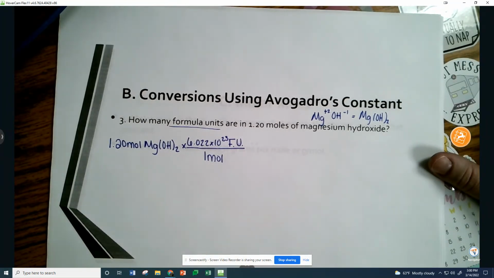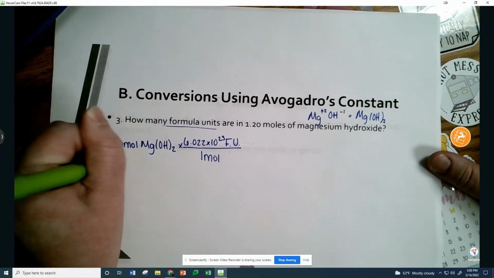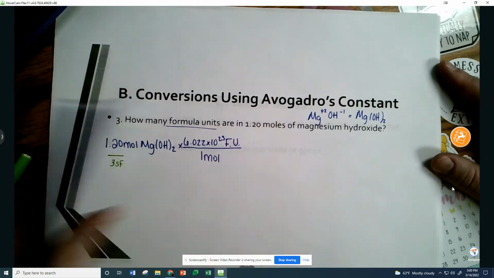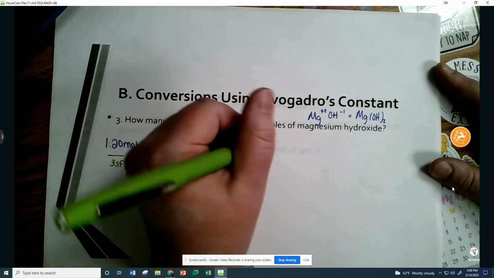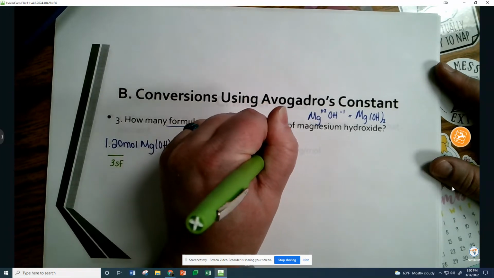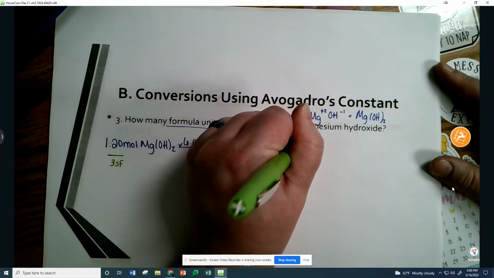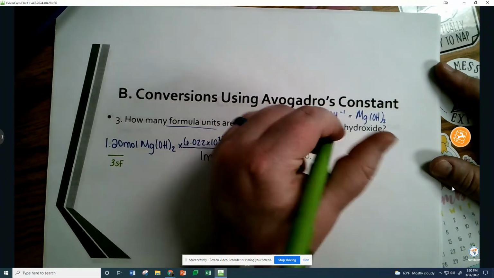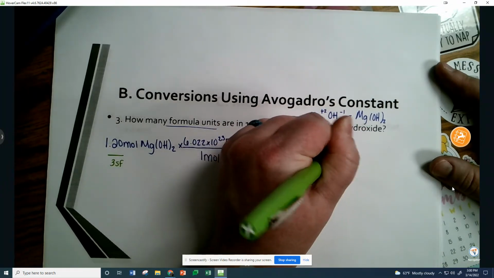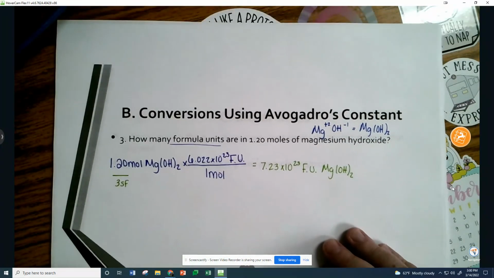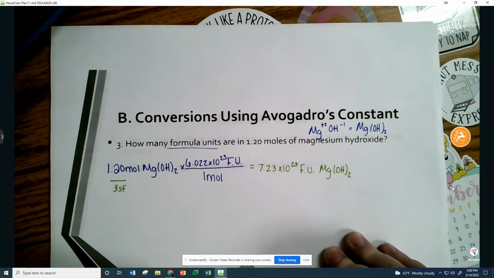When I look at my given, this has 3 sig figs, so my answer can keep 3 sig figs. Again, scientific notation doesn't count towards it, so when I get to my answer and with rounding, I get 7.23 times 10 to the 23rd, and this is formula units of magnesium hydroxide. And that is how you work with Avogadro's constant.